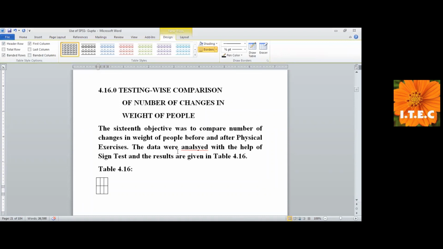So here I say change, and then here I say the number n, and then here I say the remark.